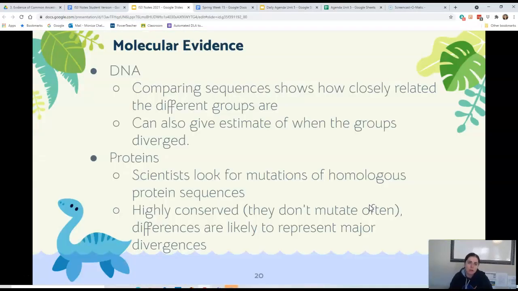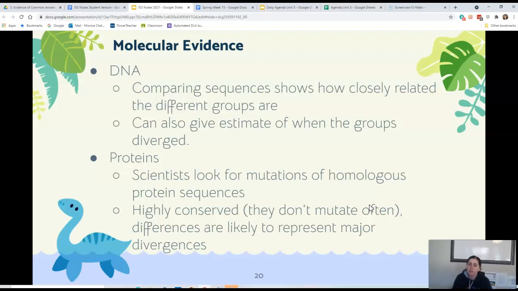Molecular evidence. So we have DNA evidence, which is molecular because it's at the molecular level. It's small. So DNA is tiny, and comparing sequences of different organisms we can determine how closely related the different groups are. We think we talked about this last week. We talked about DNA as being a way to determine how closely related organisms are.